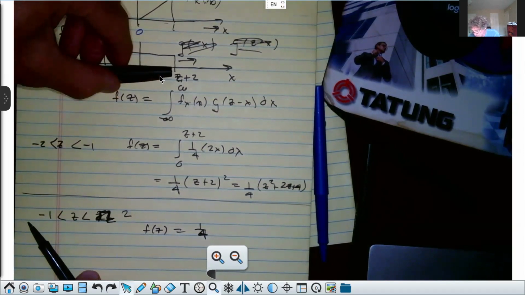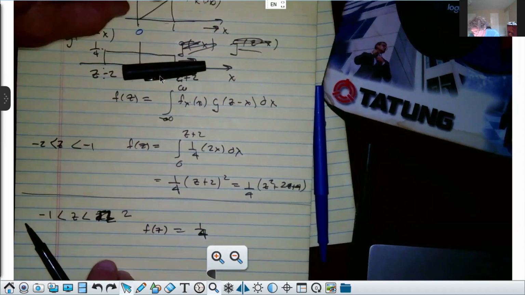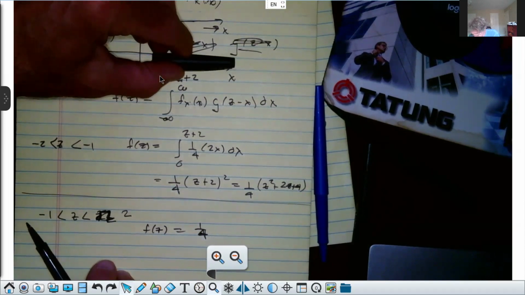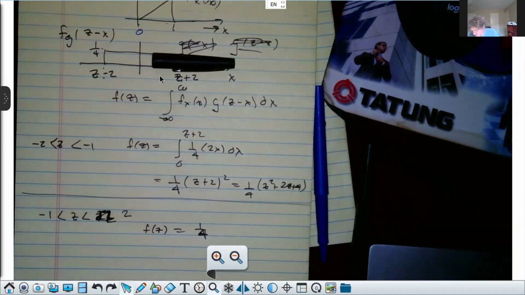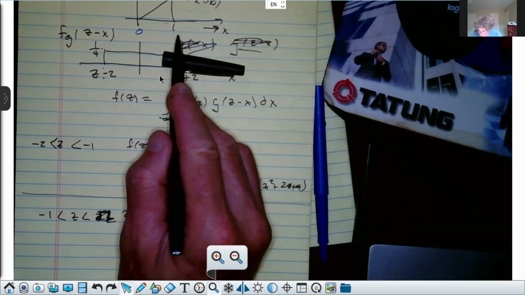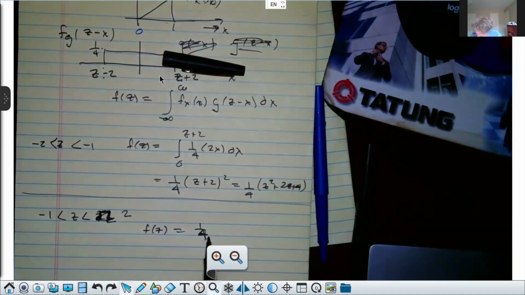When it goes from -2 to 0, all the triangle's still immersed, and when it goes to 2, it's still immersed. The area would be the area of this, which is 1, times the height, which is 1/4.